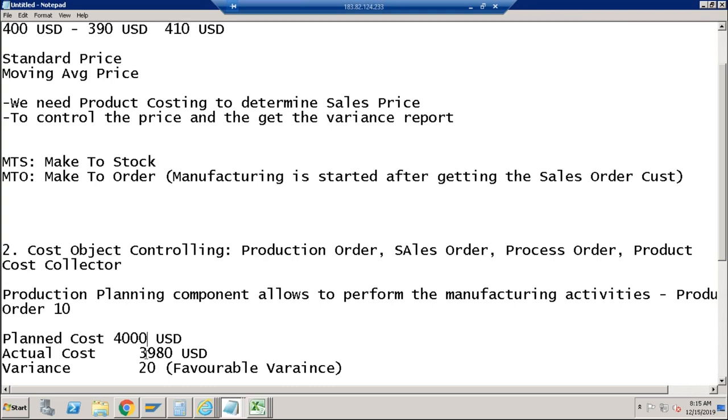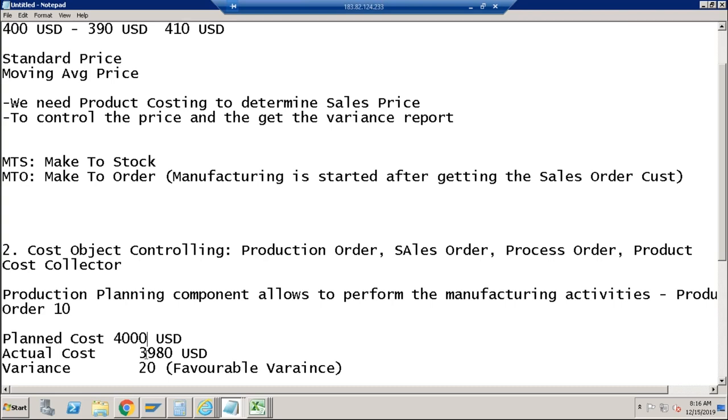So what is the problem? This is a loss to the business. The business has already performed a lot of calculations, and they assumed that the standard cost of this product would be 4000. Based on that standard cost, they already confirmed to the customer that we are going to sell this particular material, let's say, at 4500.